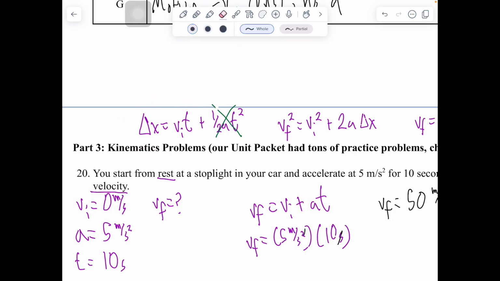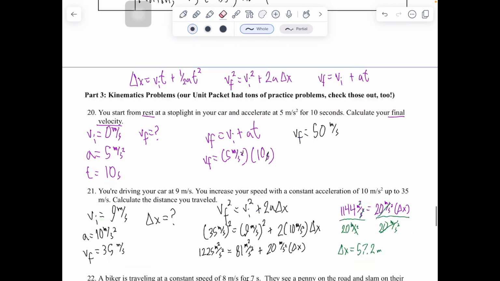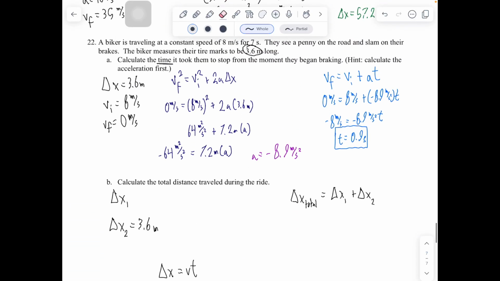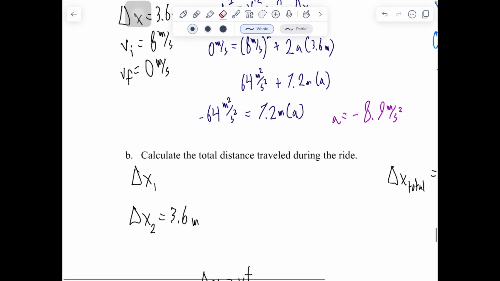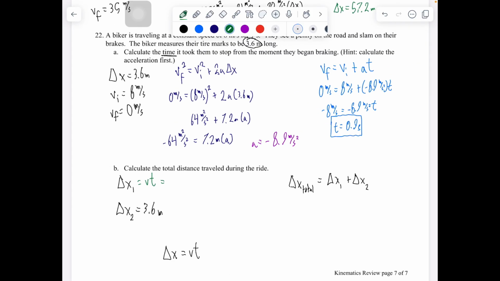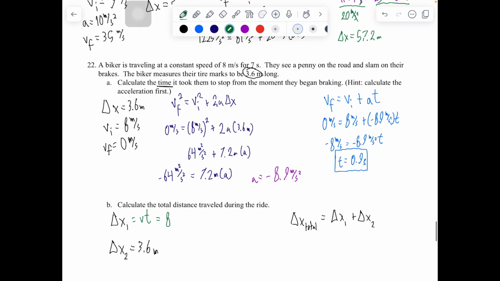Now, of course, if there is acceleration, you have to factor this in. But for the first leg of this drive, the biker is not accelerating. They're at a constant speed. So let's use velocity times time equal to our displacement. Plug in that velocity, 8 meters a second, times 7 seconds.